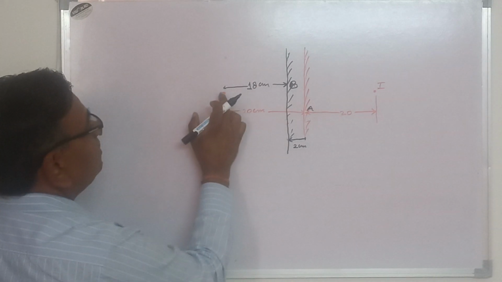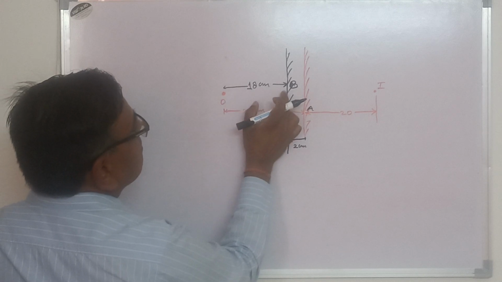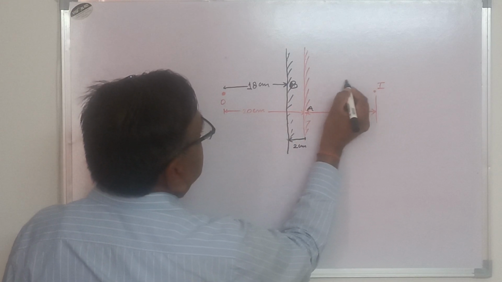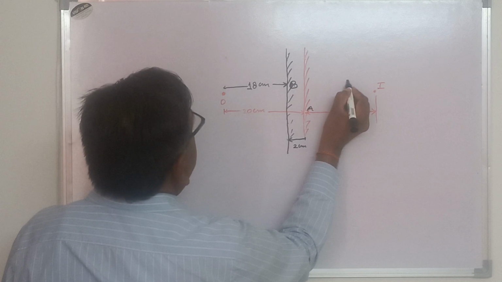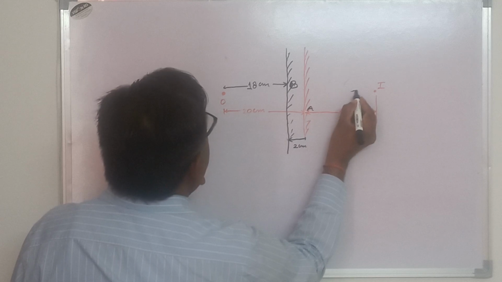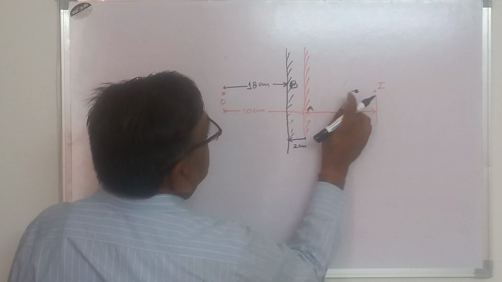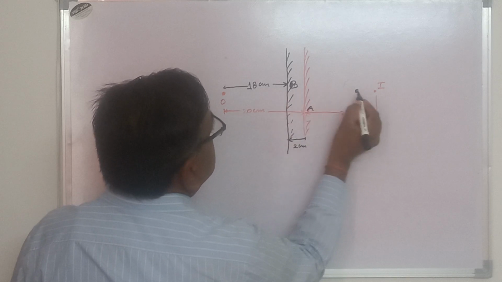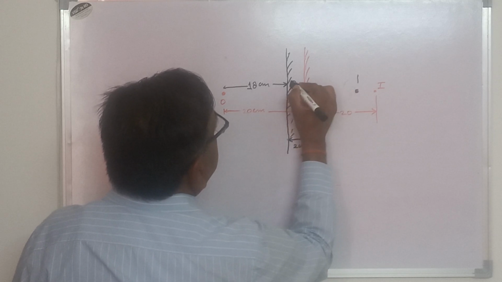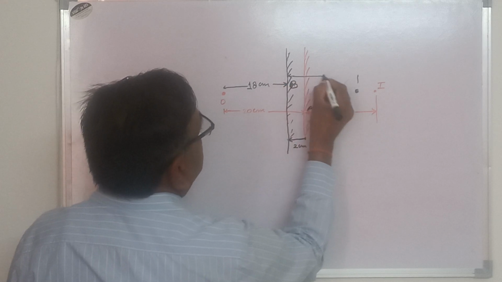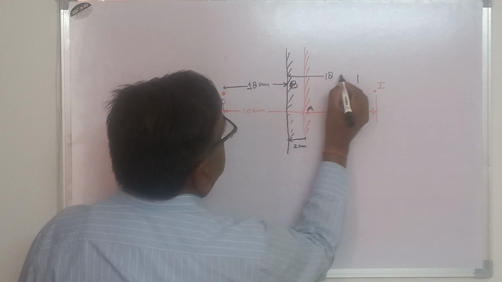Now image of this object with this mirror will be here. इसी के सामने इमेज यहाँ बन जाएगी और this image will be इस मिरर से, इस मिरर में बन रही है तो 18 सेंटीमीटर रहेगी.